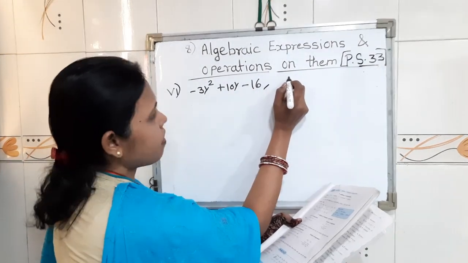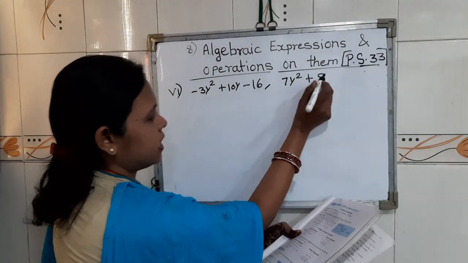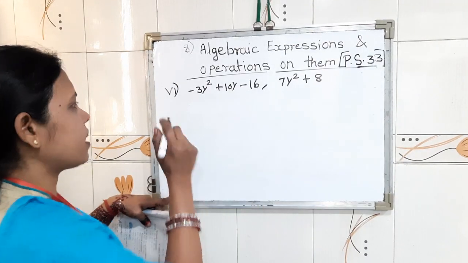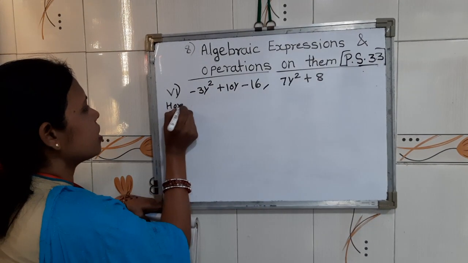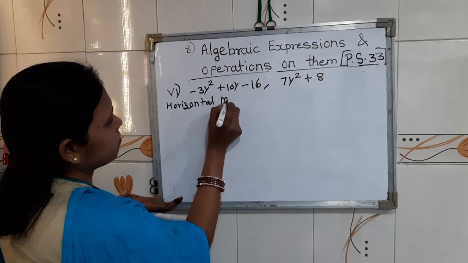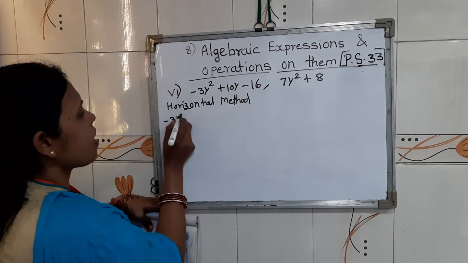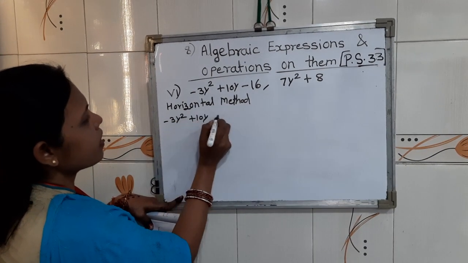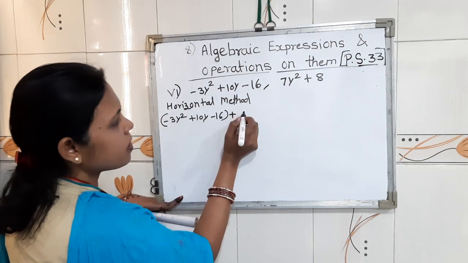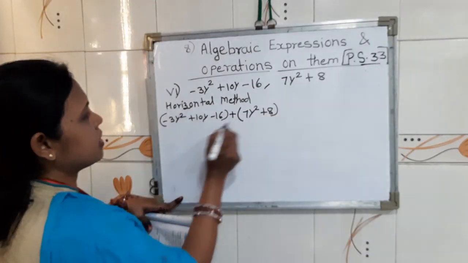Next one, 7y square plus 8. So children, here we will solve with both methods. First, horizontal method. 3y square, 10y minus 16 in one bracket, in between a plus sign. Second one, 7y square plus 8.